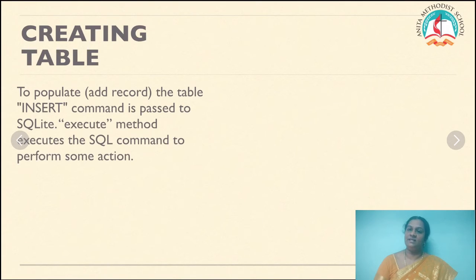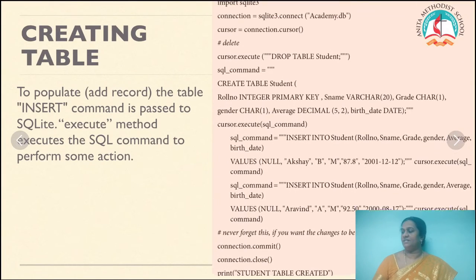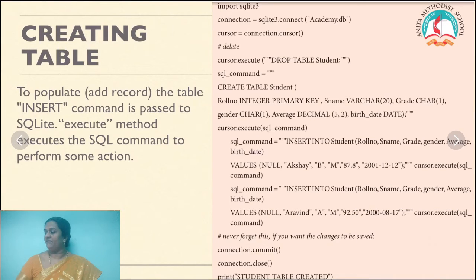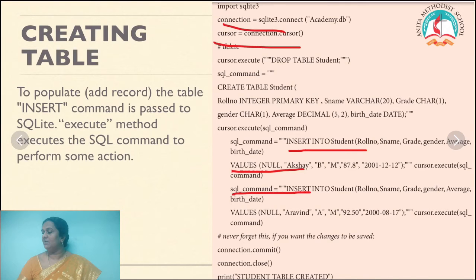Now next we are going to see the insert command. To populate the table and add records, the insert command is passed to the sqlite method and it executes the SQL command to perform some actions. Now what are the actions? Look at the program here and don't get confused about other things. Connection and cursor are given here. What we are doing is insert: we are going to insert the values.